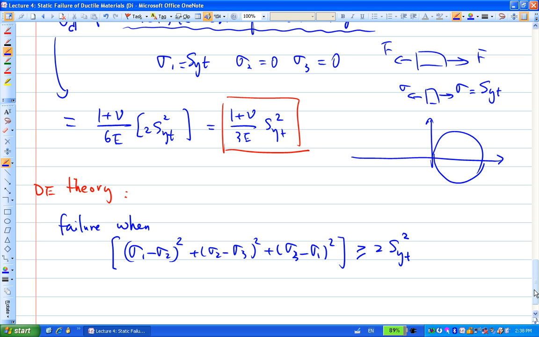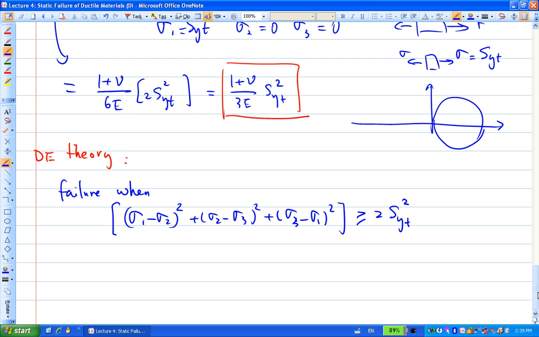That's the DE theory now. We don't have to worry about the Poisson's ratio and the Young's modulus, or the stiffness. This is not the conventional way of writing the DE theory, so people go one more step.